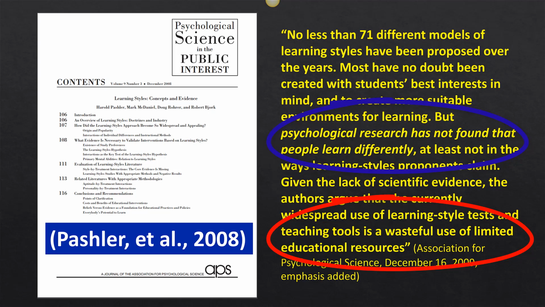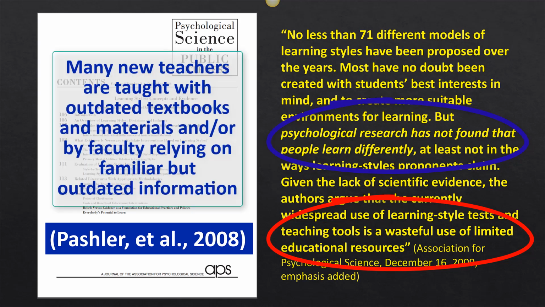The problem is that many, if not most, K through 12 teachers that go through college education and certification programs are often taught using textbooks written by experts and mentored by currently practicing teachers who came of age and developed their own expertise in education when the learning styles theory was really still a thing.